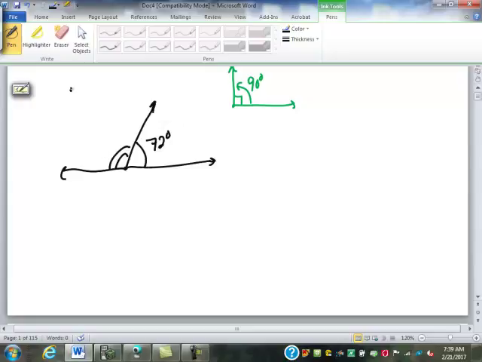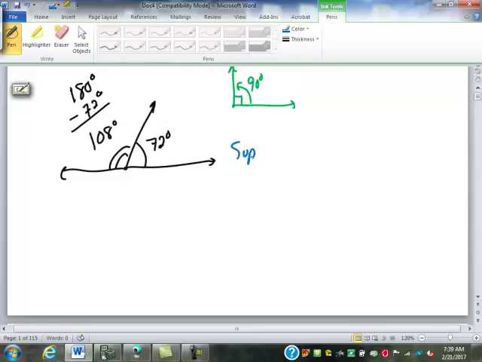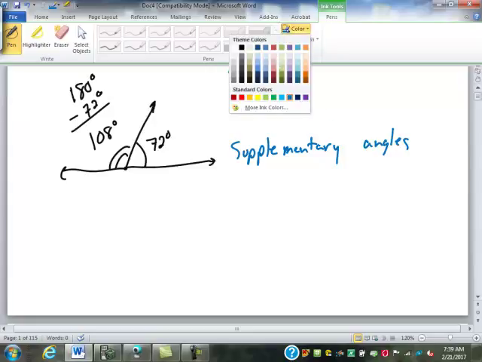Well, a straight line is how many degrees? 180. So it's 180 minus 72. That has to be 108. Good. That is what we call supplementary angles. They add up to 180 degrees or a straight line.